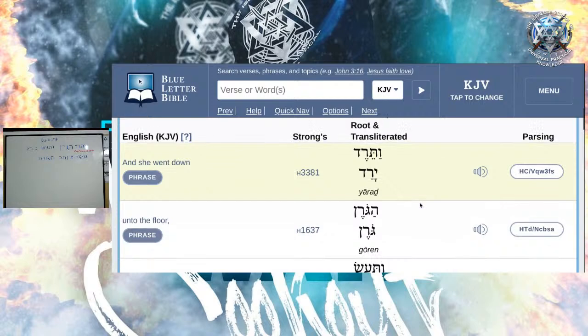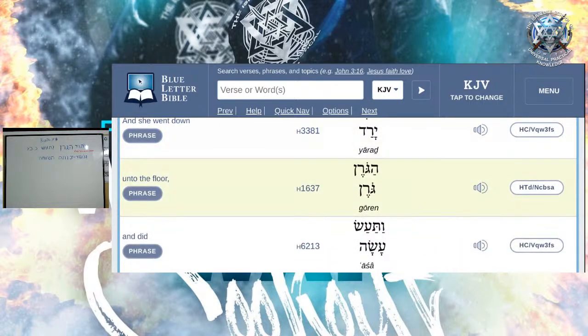Hagaran. The ha is the, and garan is floor.